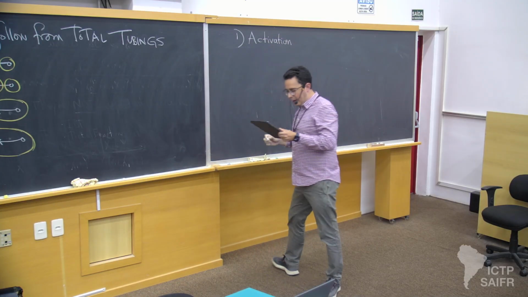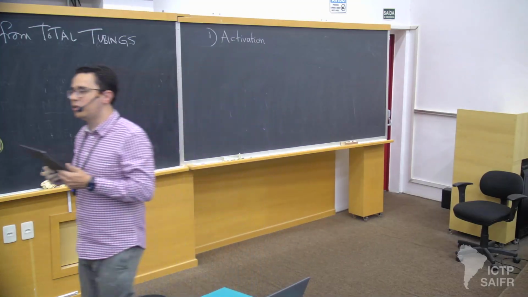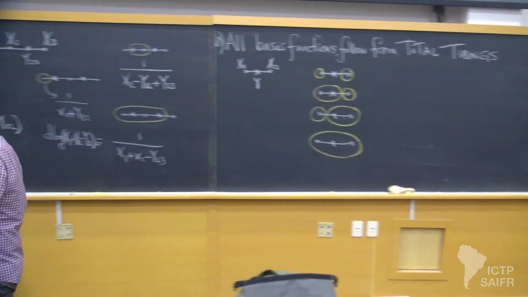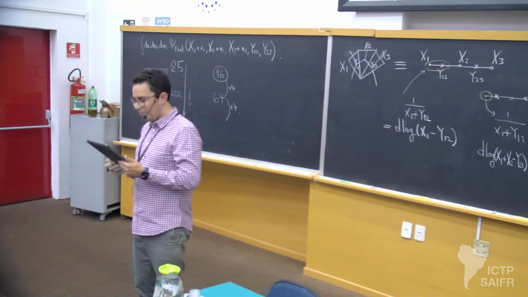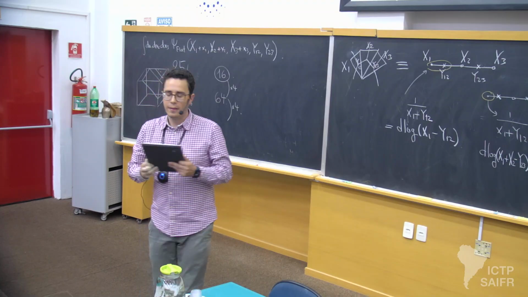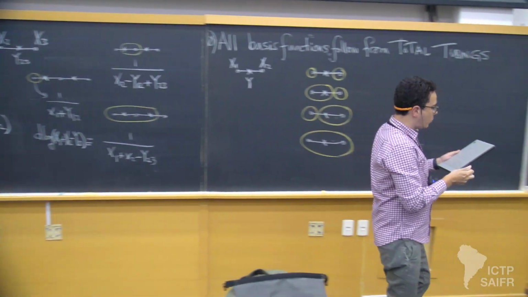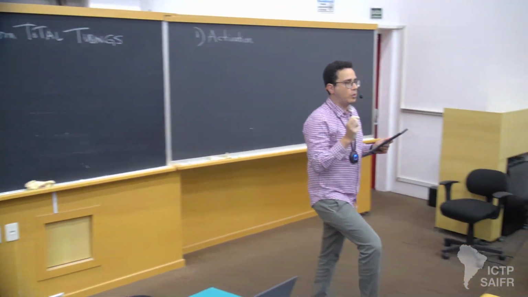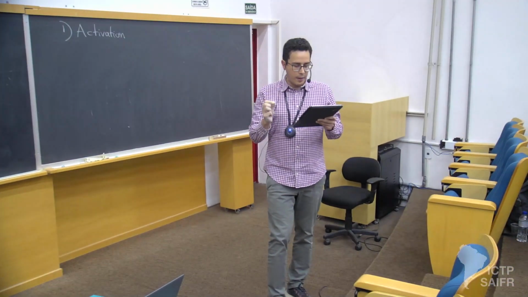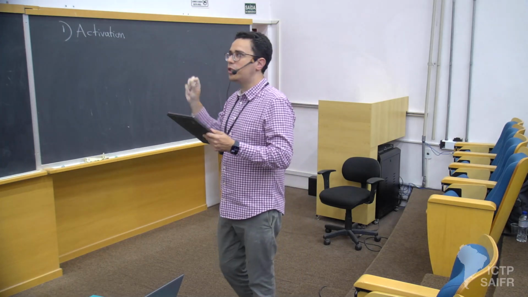So let me read the rule for you, so you pay attention to me and not at the board. You color all tubes one at a time. Then the denominator multiplies. So when you color a tube, it gives you a denominator. It multiplies with a coefficient determined by the circle enclosed, the original function.